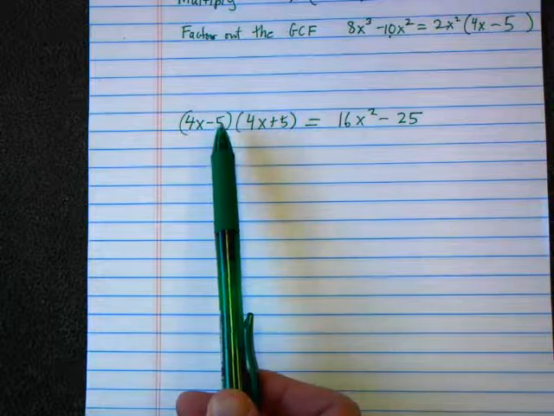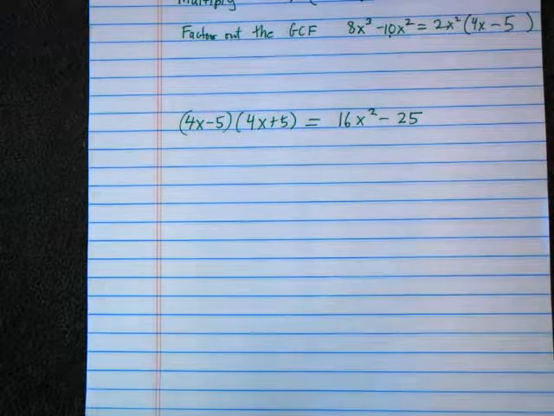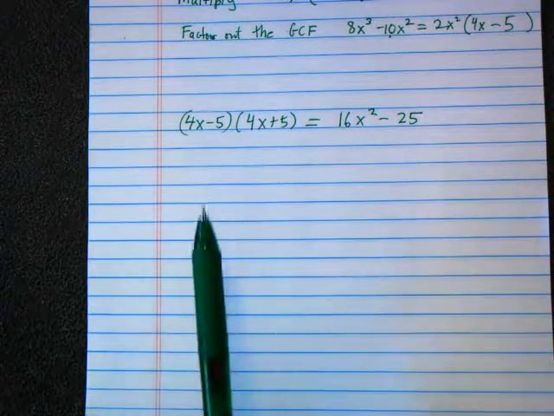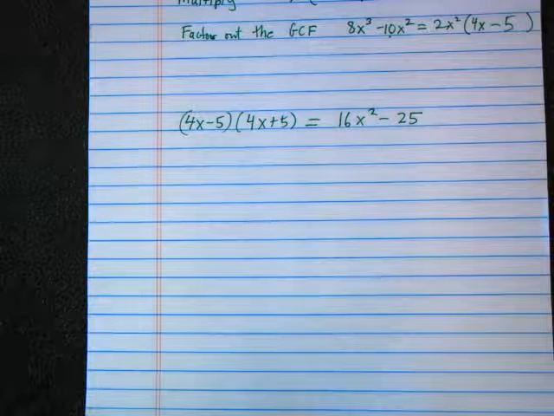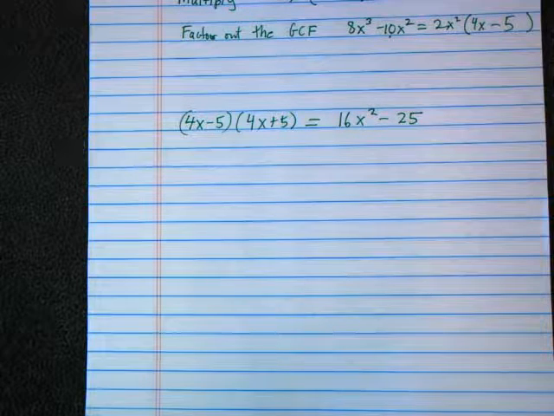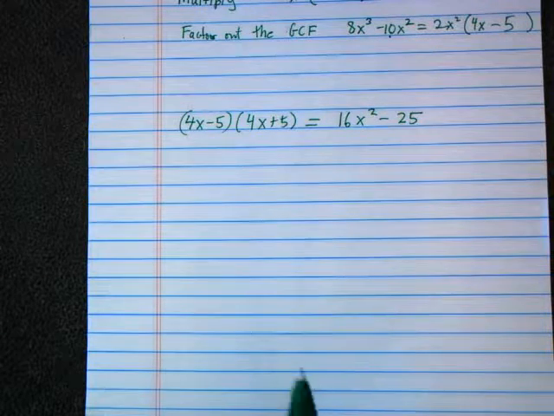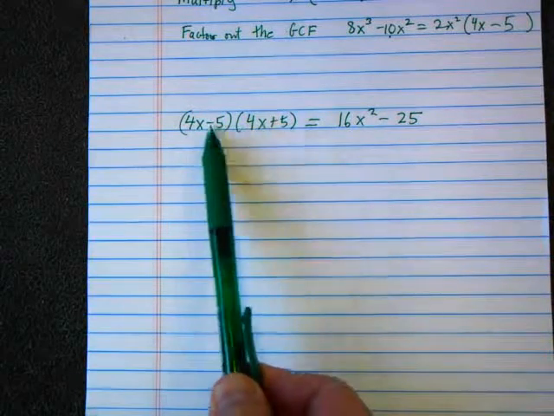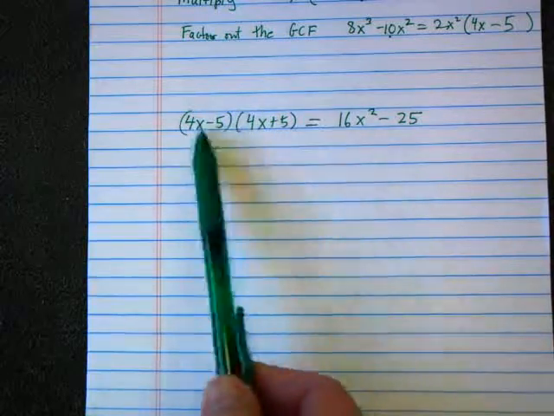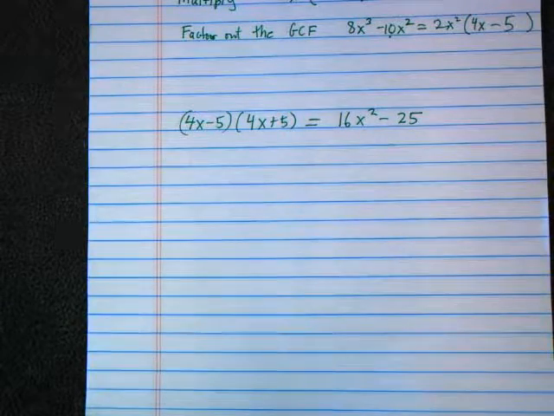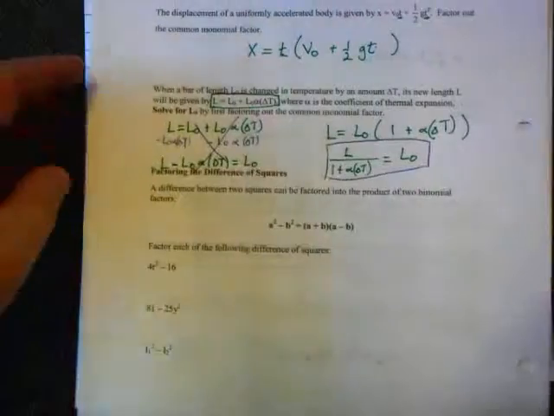We foiled them out to get the answer. But what was it called? Conjugate. Close. Conjugal was something very different. Conjugate, when these two things are exactly the same, but one has a plus and one has a minus. Those are called conjugates.